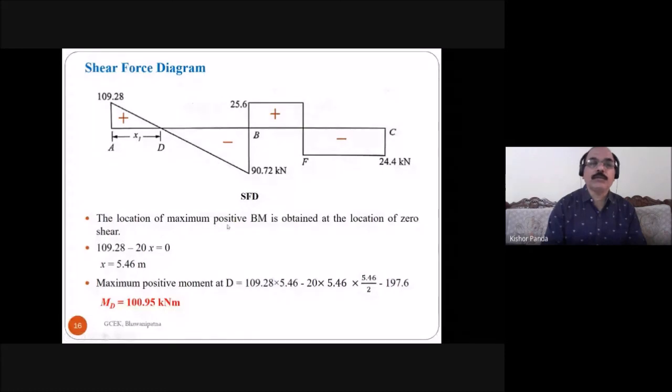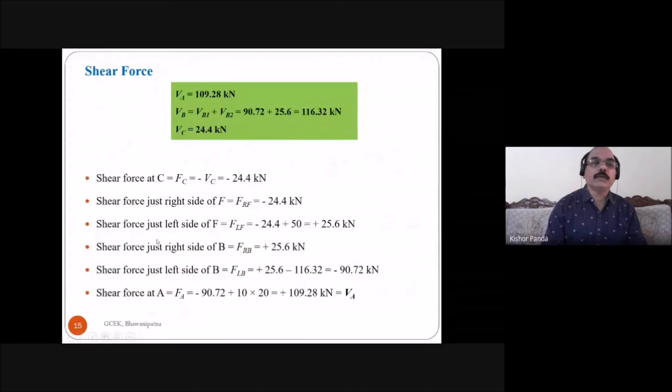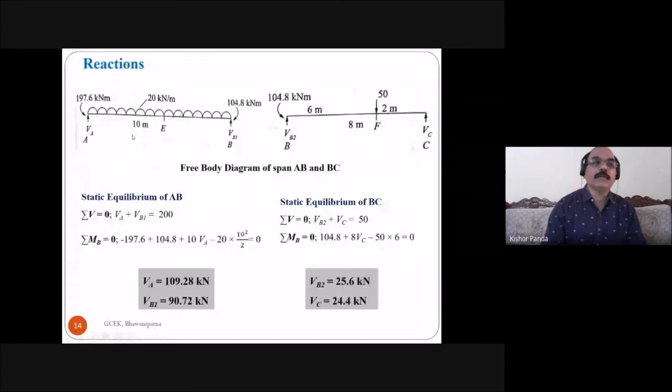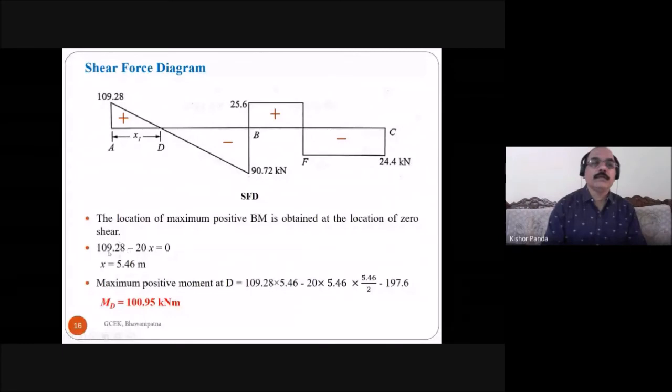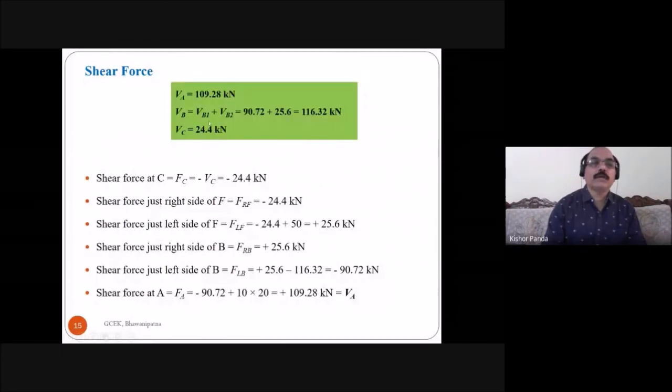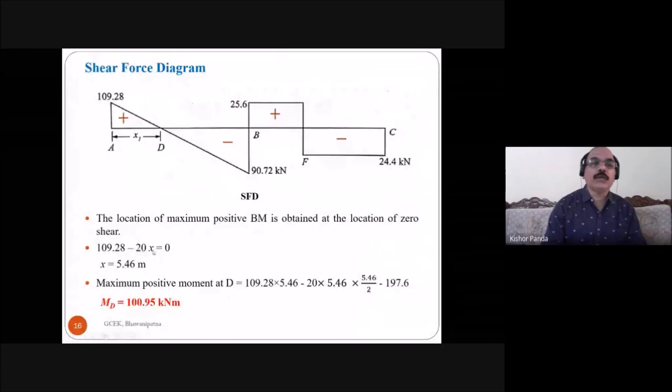The location of maximum positive bending moment is obtained at the location of 0 shear. So here you take the 0 shear. If you take this section, then the loads present on the left side of this section are VA, which is the upward force, and the downward force, which is 20 into X. VA is 109.28. So 109.28 minus 20 into X is equal to 0.